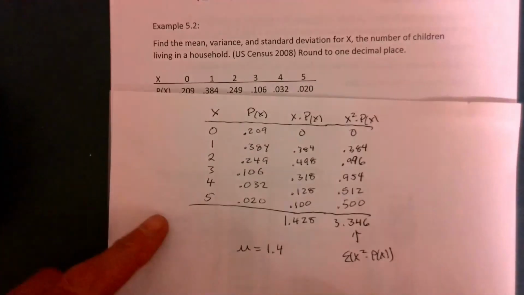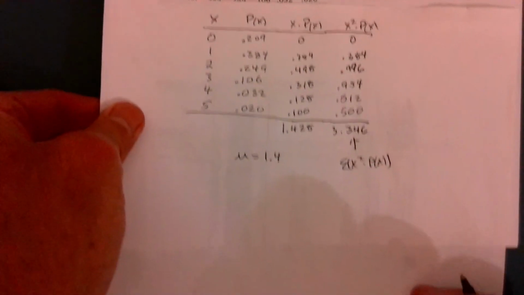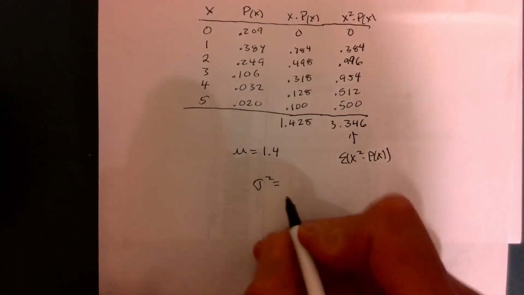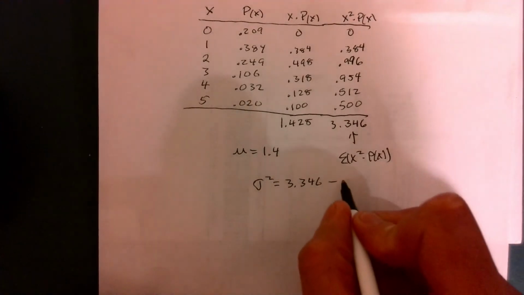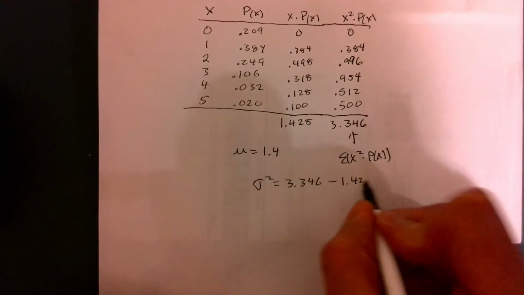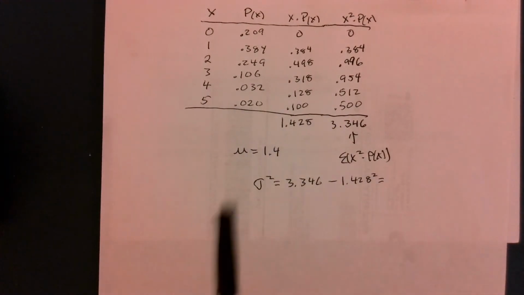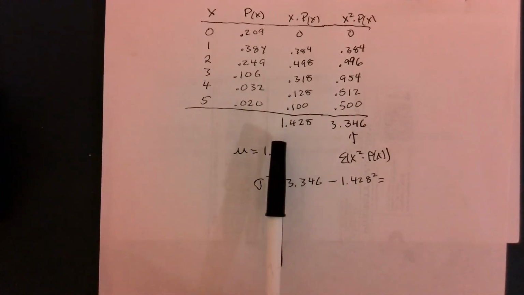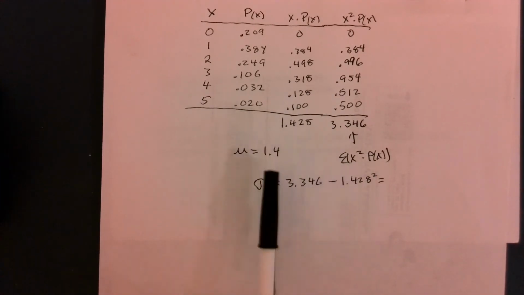Okay, so then the variance will equal 3.346 minus 1.428 squared. Also, although we rounded the mean off to 1.4, when you do this calculation, you want to leave this as 1.428 and then round off only your final answer. Otherwise, if you put in 1.4 here, you may get round off error.